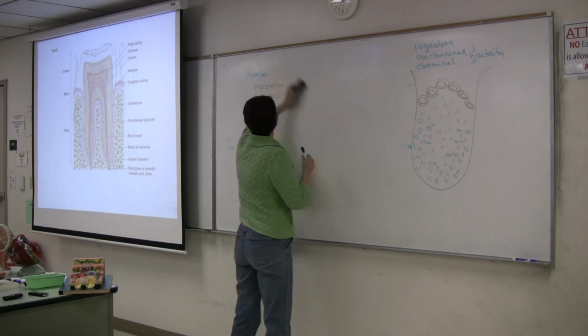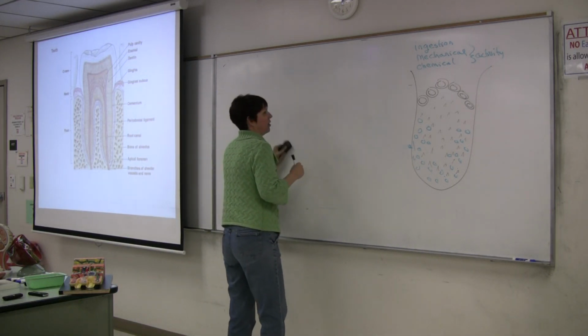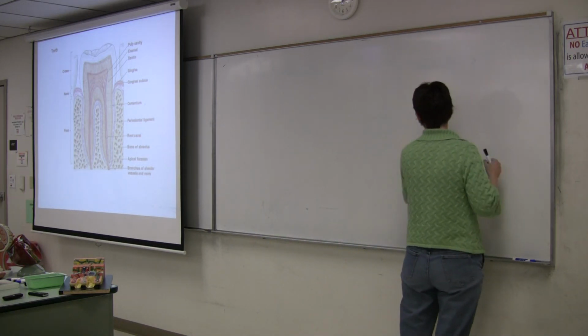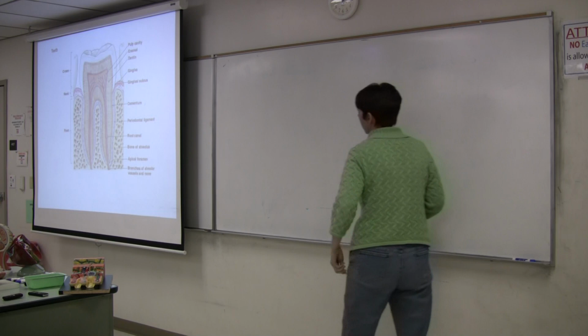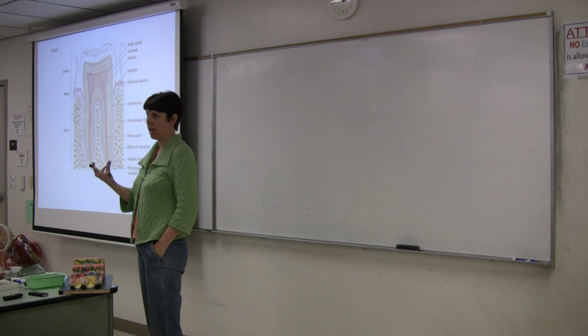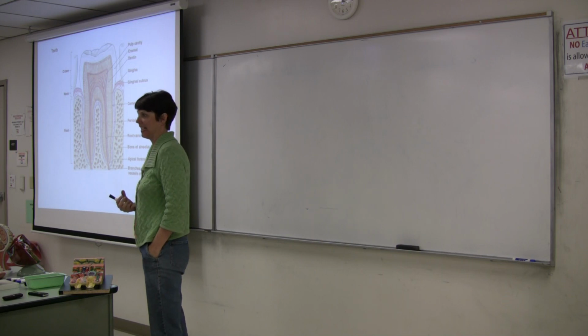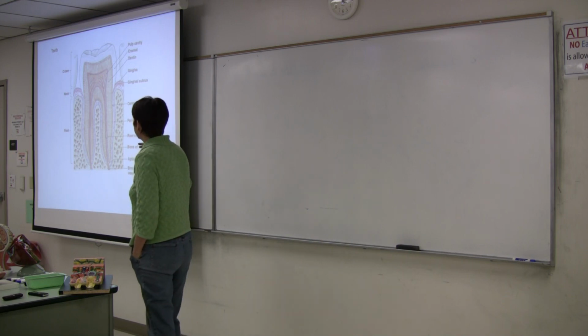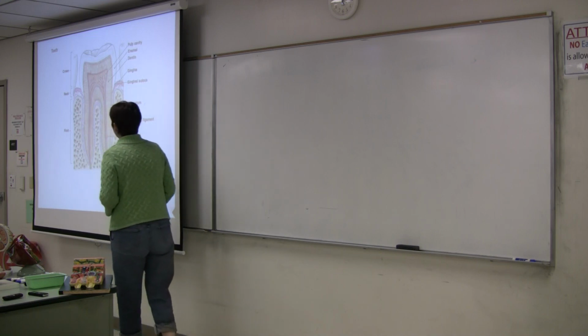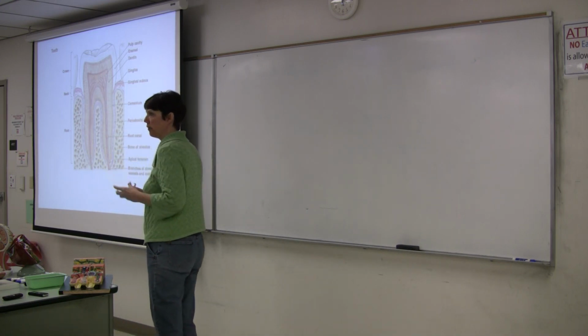All right, so let's look at the structure of a typical tooth. You'll notice in this diagram that the tooth is embedded in the alveolar process, the socket of the mandible or the maxilla. And we need that with the presence of the gum line or the gingiva to identify two of the three regions.